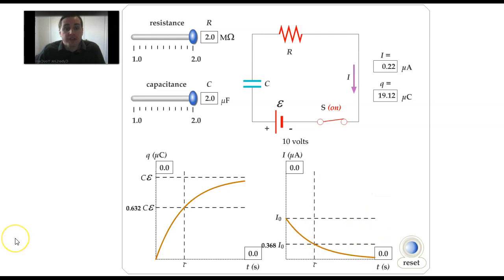One more thing I should say about exponential growth or decay, namely this logistic growth or exponential decay, is notice that 0.632 here corresponds to this tau time. 0.632 is the same thing to 3 decimal places as 1 minus 1 over e.